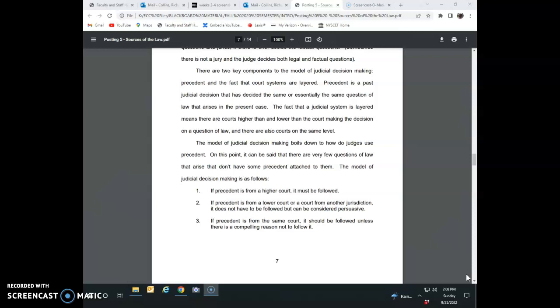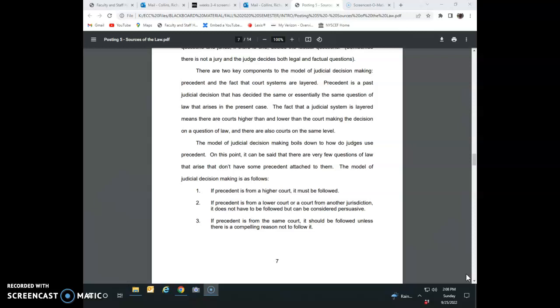So this idea of the model of judicial decision-making and precedent certainly is a lot more than some academic exercise, but it really gets us inside, if you will, the heads of attorneys and judges as they're going about the business of handling lawsuits. So what we end up with are three rules of precedent.